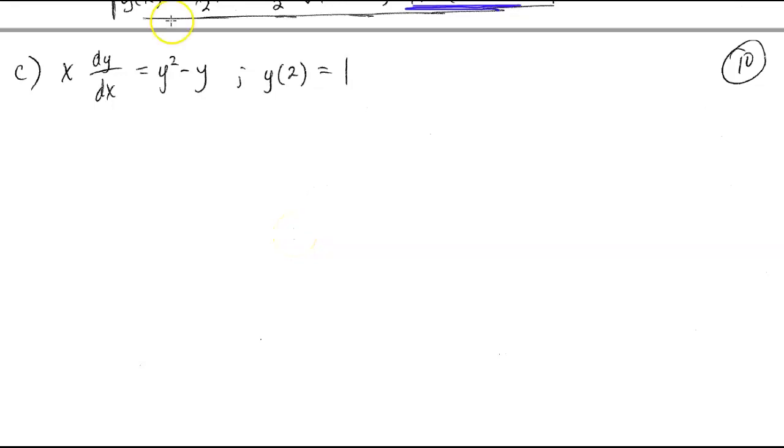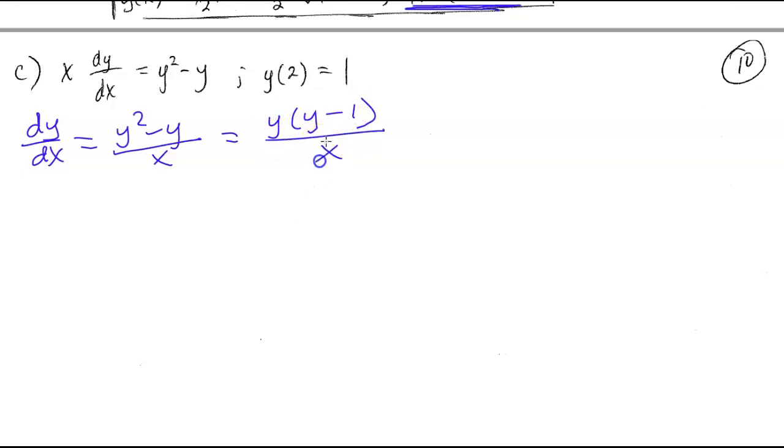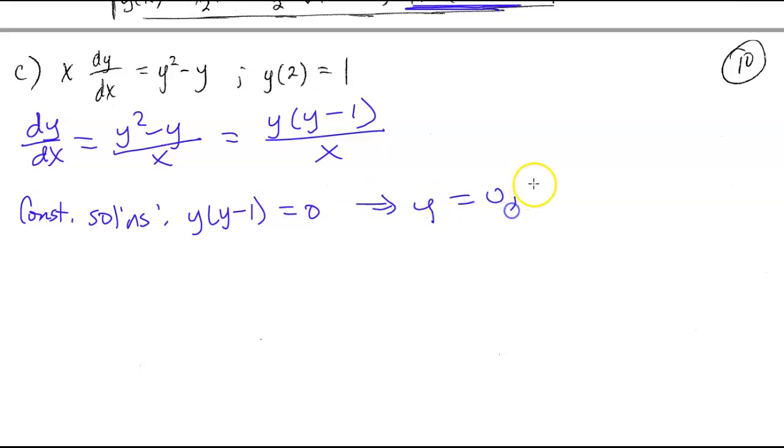All right, so for our next example here, we could take dy over dx, and we can just rewrite it this way, which we can factor out the y in both terms in the numerator. And from here, notice that in our numerator, for our constant solutions, we would have to consider when this is equal to 0, and this would be, of course, when y is equal to 0 and 1.